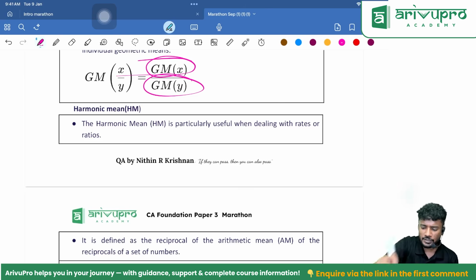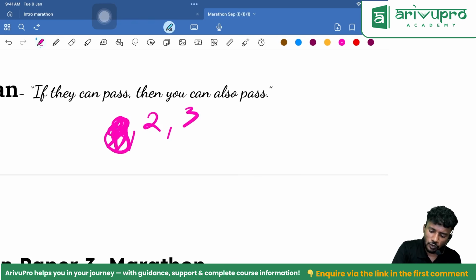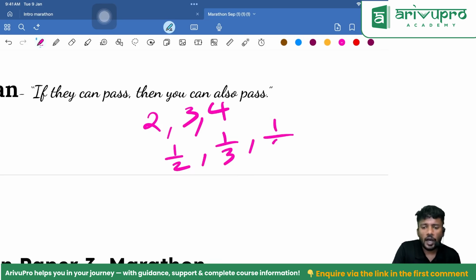For example, numbers are there like 2, 3, 4. First we will find the reciprocal of these. What is the reciprocal of 2? 1 by 2, 1 by 3, 1 by 4. I found the reciprocals. Then we will find the arithmetic mean of the reciprocals.